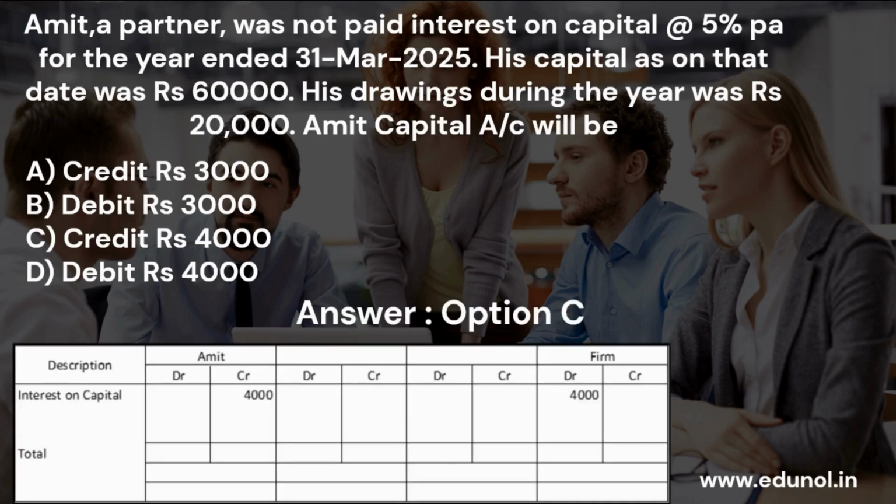Answer: option C. In case of omission, only the correct entry is to be written in the adjustment table. And after that do the profit adjustment. Here only the interest on capital entry is shown.